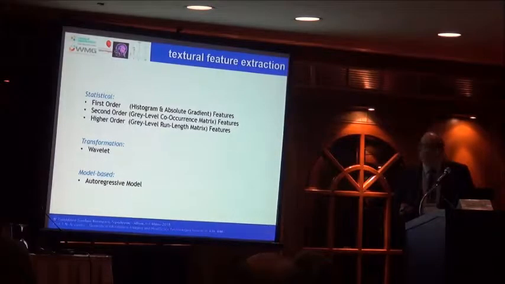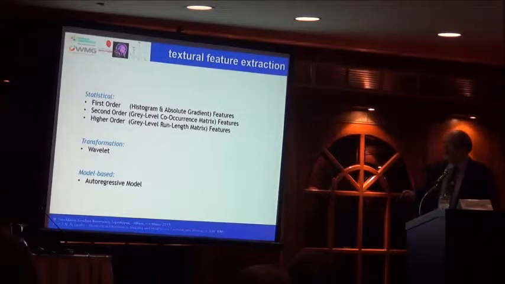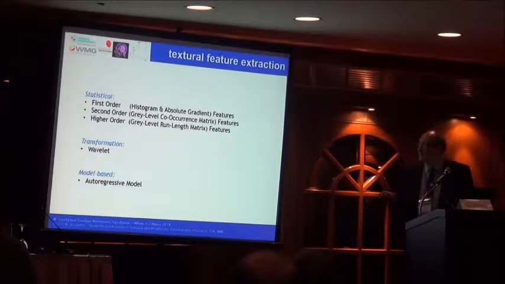Now the typical techniques we use for biomedical imaging, in particular in the area of tumors, are organized into three main areas. Textual feature extraction techniques that are based on statistics, and I will explain a few examples of these.